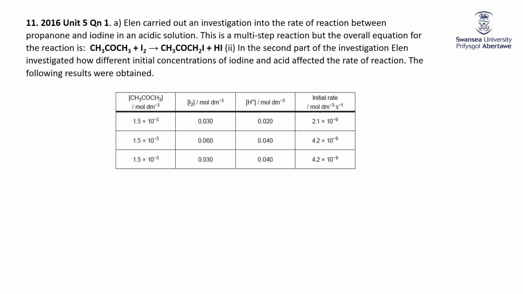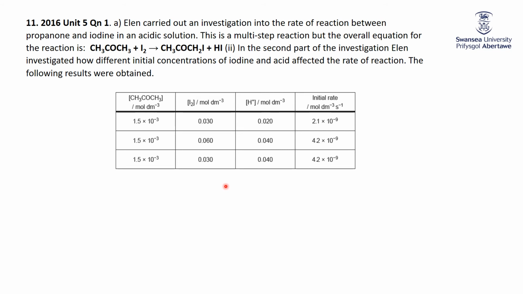So the next part of the experiment, she wanted to mess around with iodine and acid. So here's the change in the iodine concentrations and the change in the acid concentrations, keeping the propanone constant because she knows already that the propanone is first order. So let's compare these things.